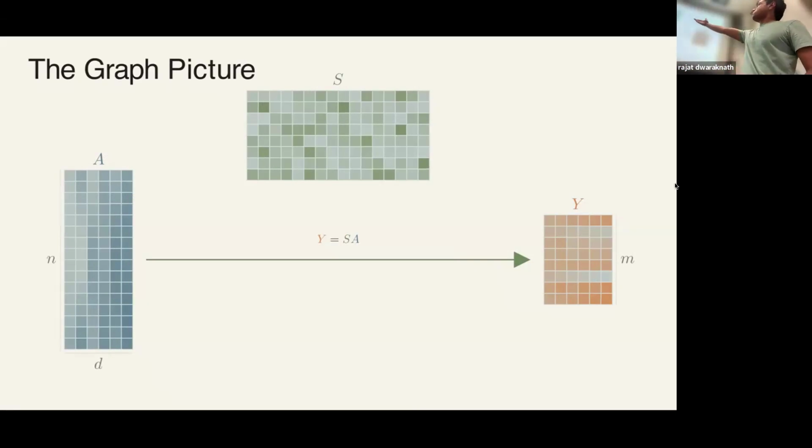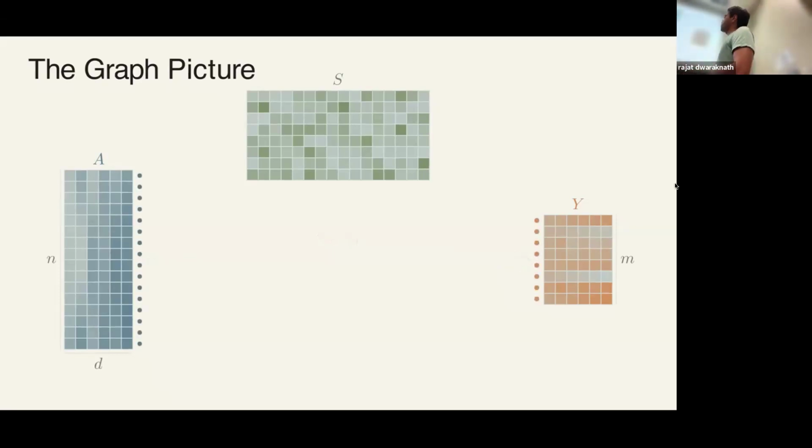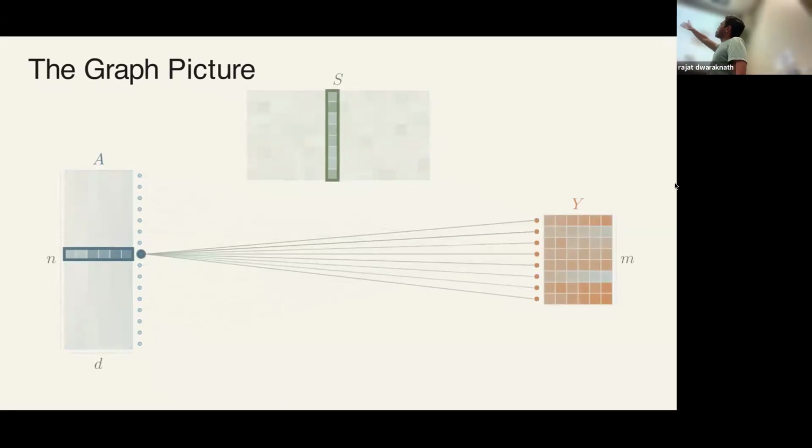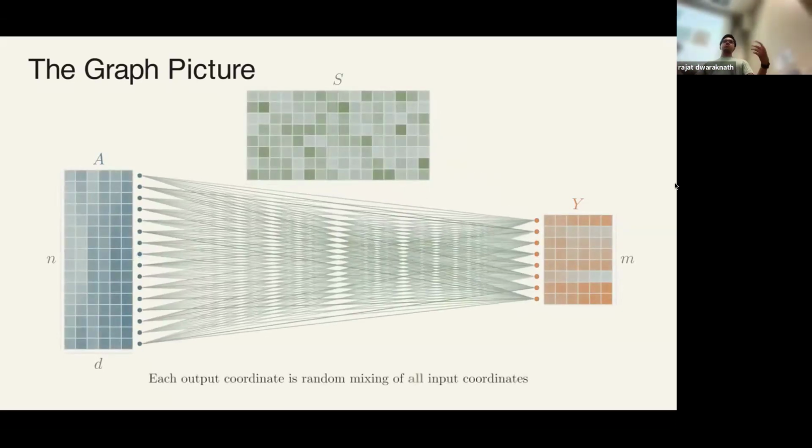So when we look at this matrix multiplication, S times A, we can instead look at it from a graph point of view, where we assign a node to each row of A and a node to each row of Y. And then we assign weights to the bipartite graph based on the values in S. So a row of S would correspond to all the edges from the rows of A to one output row in Y. And a column of S would correspond to all the edges from one row of A to all the rows in Y, right?